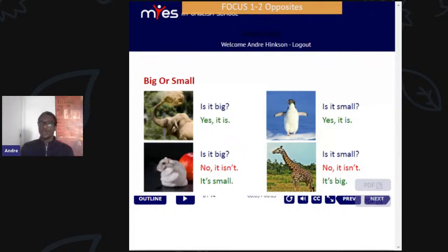Remember, when we're asking the question using the adjective, we start with the verb to be, whether it's singular or plural form, is or are, followed by the subject, whether first, second or third person. If we're using the third person, we would say, is it? If we're using the plural form, we use are they, and then the adjective.